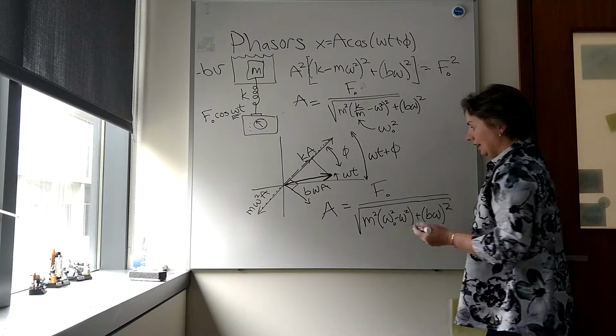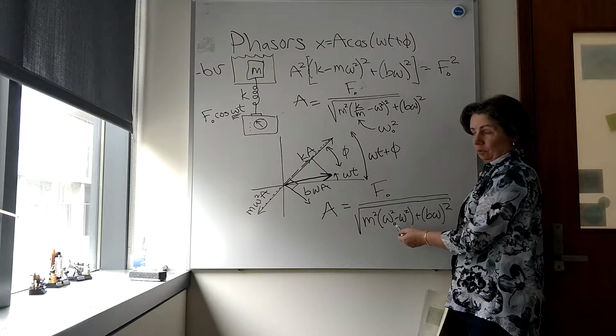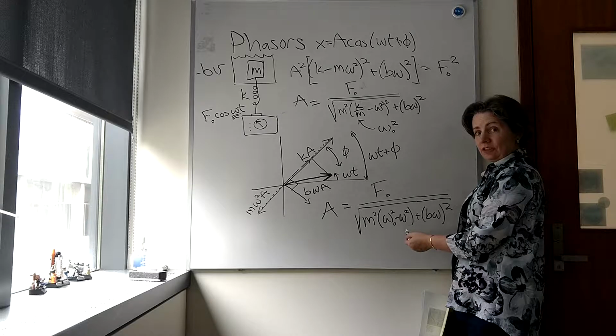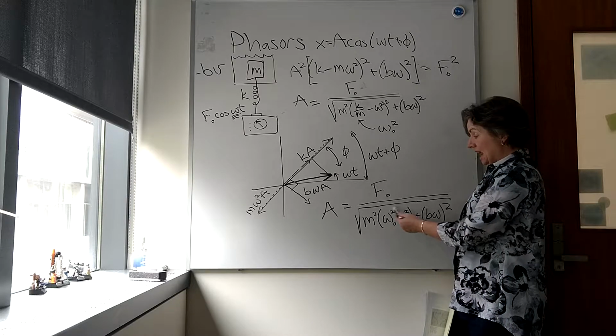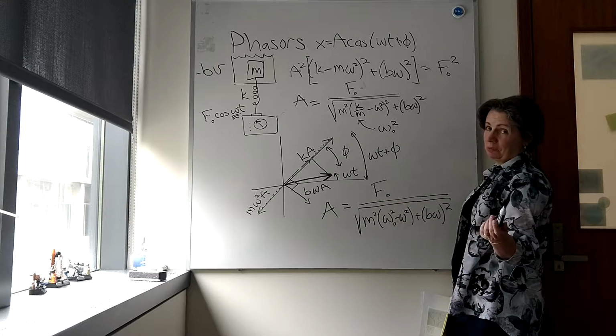So check this out. What this is saying is that if omega and omega naught are really far apart, if you try and drive this thing at a frequency that's not its natural frequency, this number is going to be pretty big down here. The amplitude you get, small.